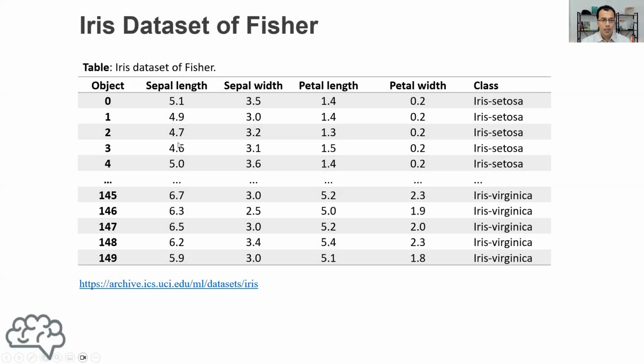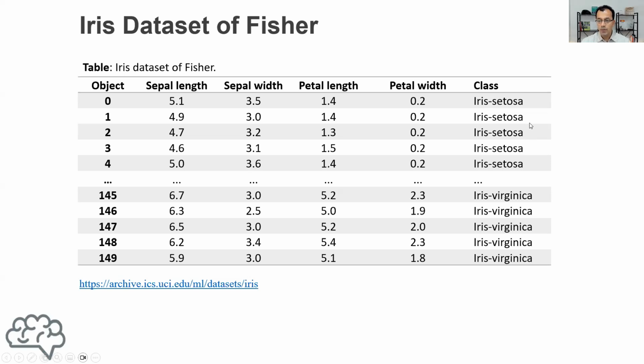In this course, I am going to work with some well-known data sets from the literature, and they will be used in different parts of our presentation. The first one is the iris data set of Fisher. So this is a very simple data set containing only 150 objects or samples, 4 independent variables and 1 dependent variable that corresponds to the plant species.